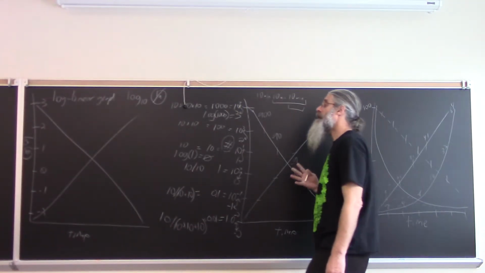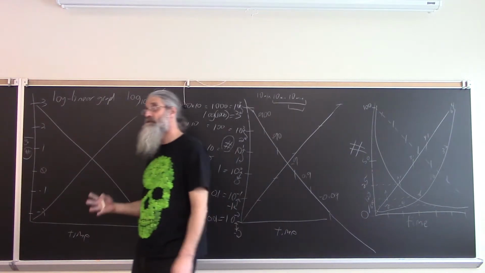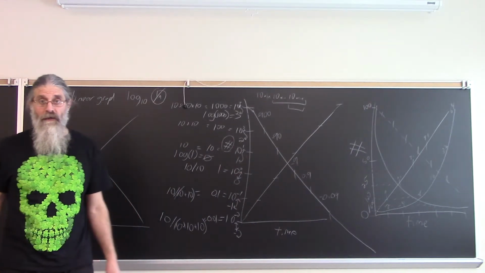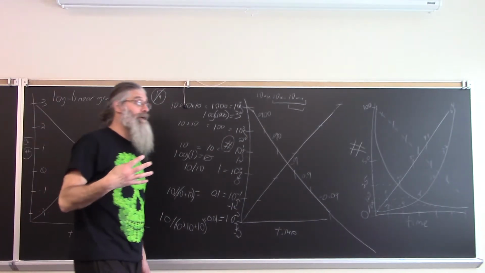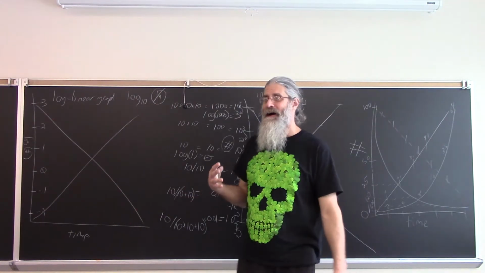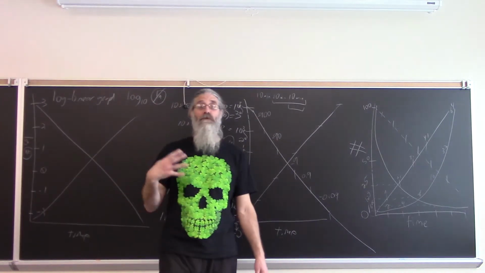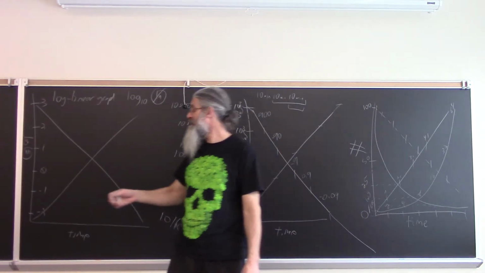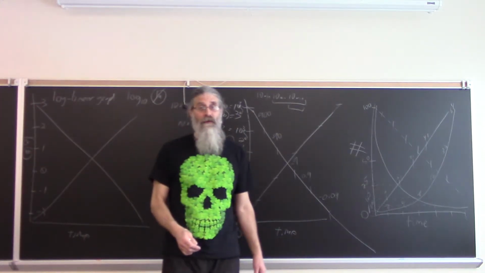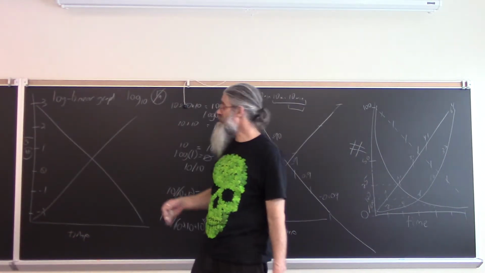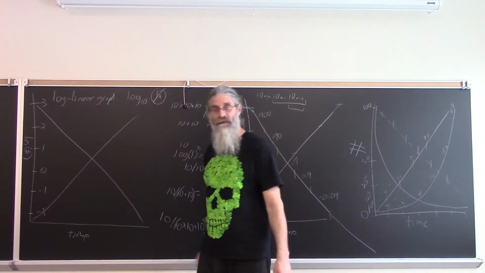So if you are, in fact, seeing exponential decline, and you've graphed out what you are working with on log linear graph paper, in other words, if you've graphed the log of the number as a function of time, then you should see, if it's exponential decline that you're seeing, a straight line.